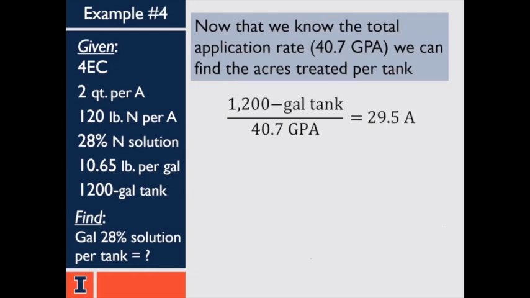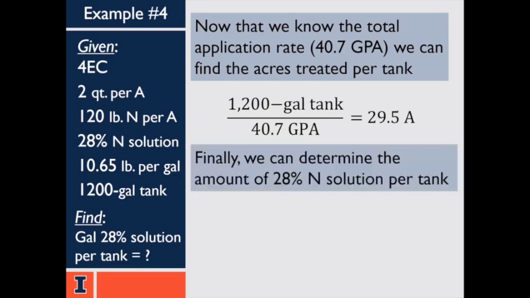Dividing our tank size of 1,200 gallons by the total application rate of 40.7 GPA, we find that one tank will treat 29.5 acres. This allows us to reframe the original question. Instead of finding the gallons of 28% nitrogen solution per tank, we can find the gallons of 28% nitrogen solution per 29.5 acres.